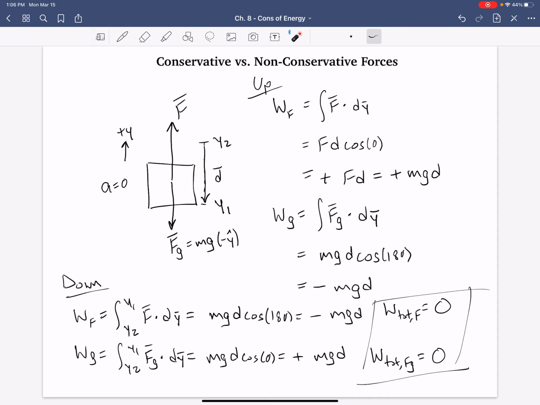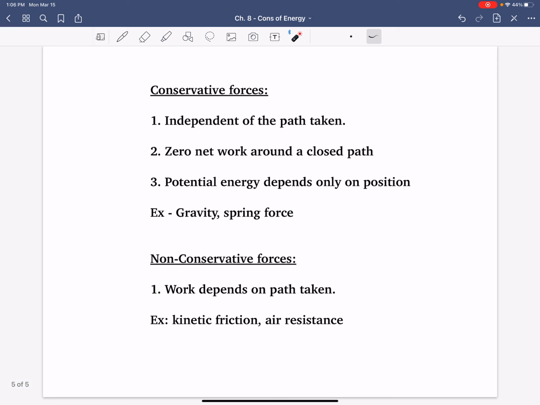You'll do the same work. So in summary, for conservative forces, they are independent of the path taken between the start and end points, right? There is 0 net work, in other words, 0 total work done around a closed path.